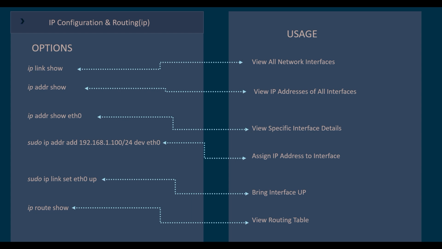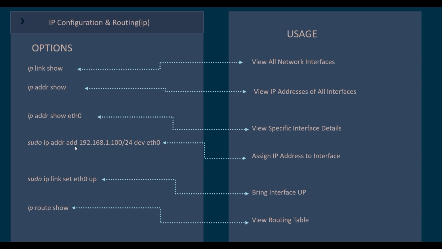If you want to add an IP address to an interface, then we can use sudo ip address add, then the IP address that we need to add, with the parameter dev for the interface to which we need to add it.